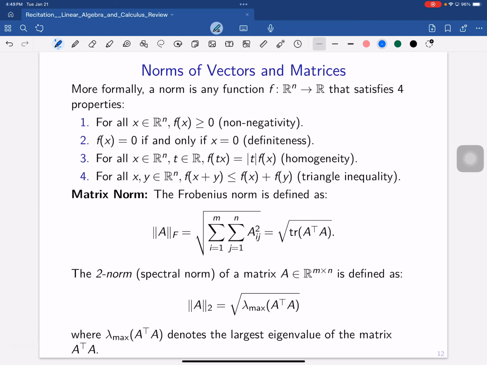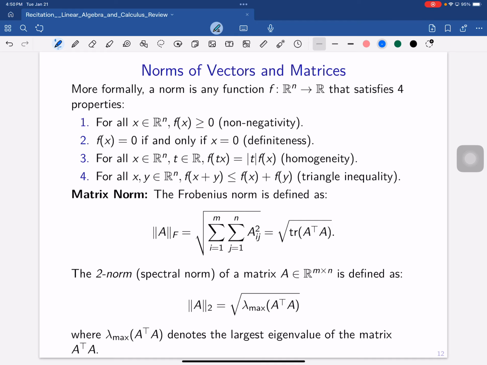And then, what exactly is the definition of a norm, right? So how do you extrapolate the definition of vector norm to matrix norm? This is the real definition of what a norm function is, right?